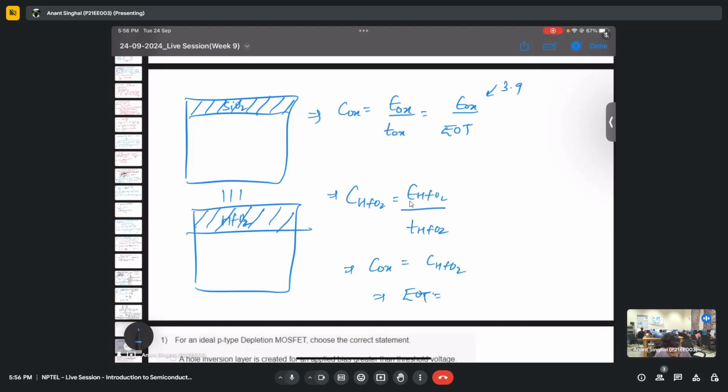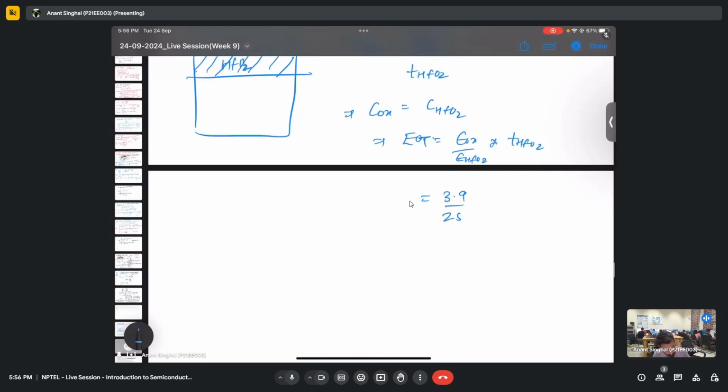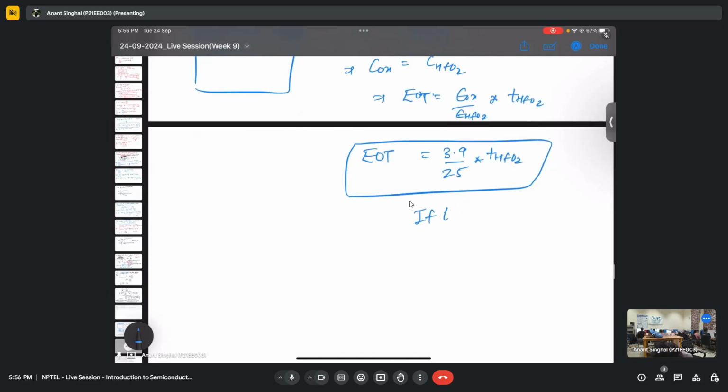and what we have is epsilon ox is 3.9, epsilon of HFO2 is 25. So this is what I wrote there, and what I'm now saying is that if I take the thickness of HFO2 as 5.64 nanometer, and put this in this formula, the EOT will come out to be 1 nanometer.